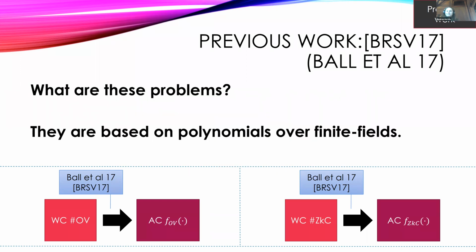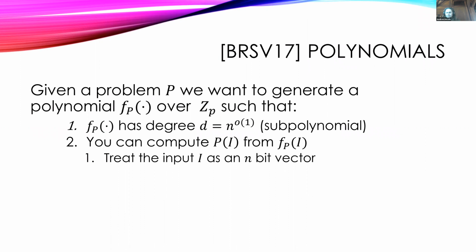And what are these problems? They're computing polynomials over finite fields. And the problem of computing them on average is the problem where you're given random entries for all n inputs of this FOV polynomial or F0 k-clique polynomial. So, what kind of properties do these polynomials have? Well, let's say we have some problem P, like OV, for example. We want to generate a polynomial like FOV. We want to do it over a finite field, Z sub p, for some prime p, such that it doesn't have too large degree.